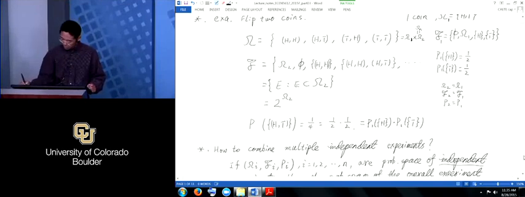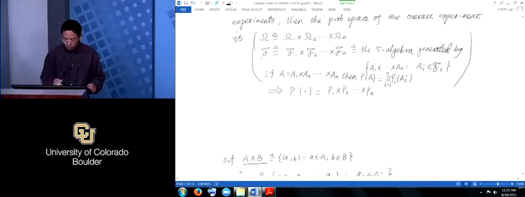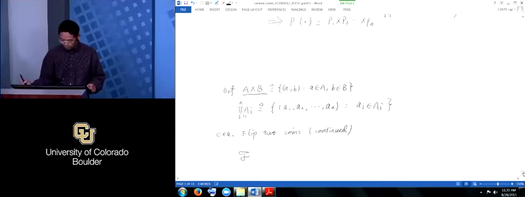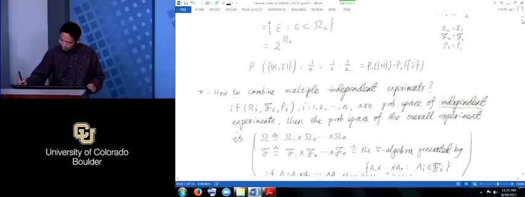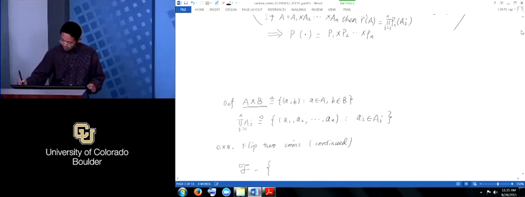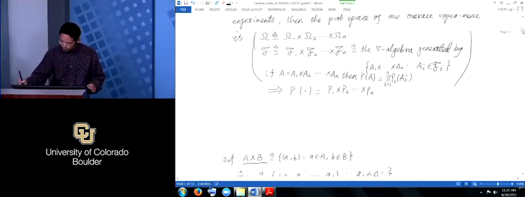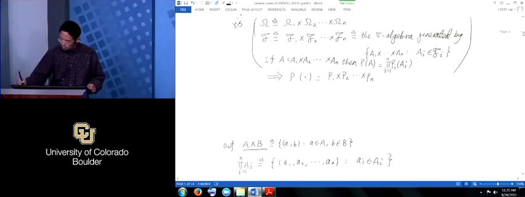So essentially this definition says F needs to include all of these guys. So F needs to include the Cartesian product.